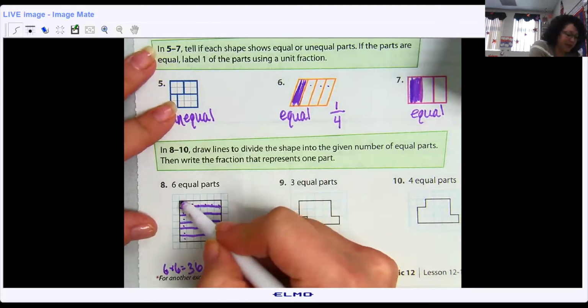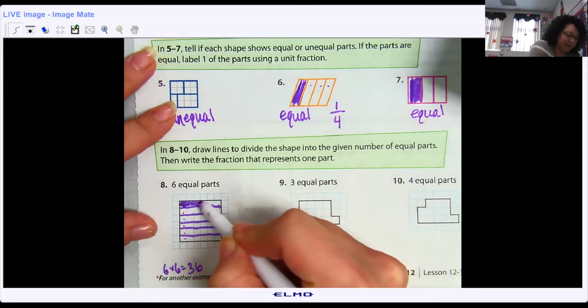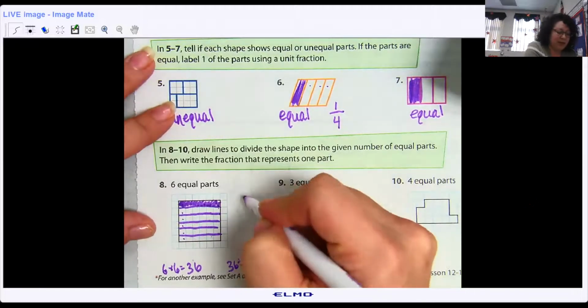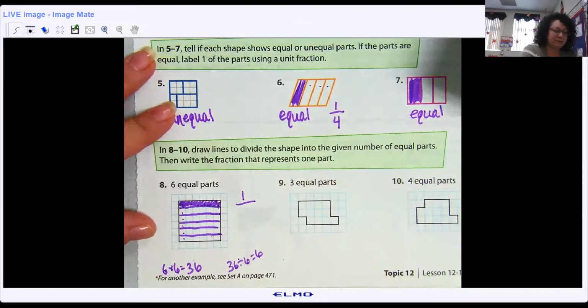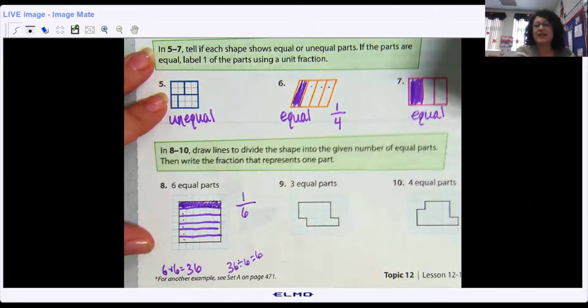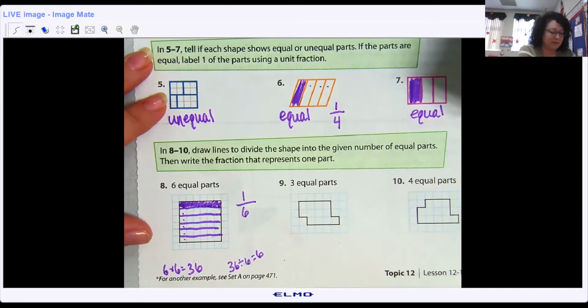And those are 6 equal parts. And my unit fraction would be 1/6, because they are 6 equal parts.